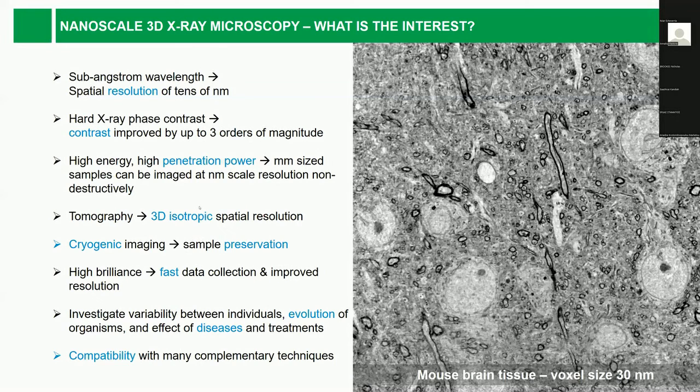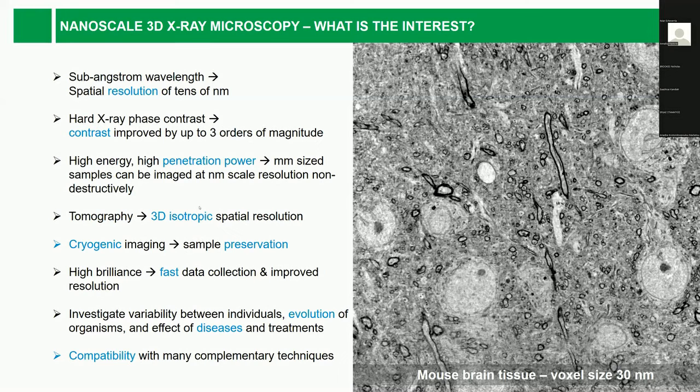And with the high brilliance of the fourth generation sources, we can go quite fast, and then we can image multiple samples, so you can see how organisms evolved with diseases or when they developed simply. And you can also combine it with other technologies, both before and after doing X-ray imaging.